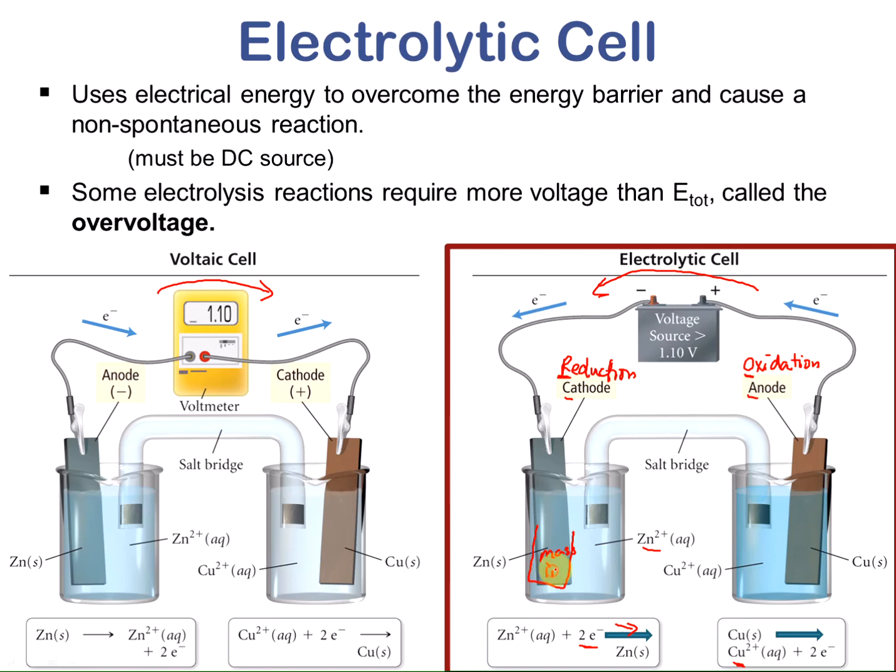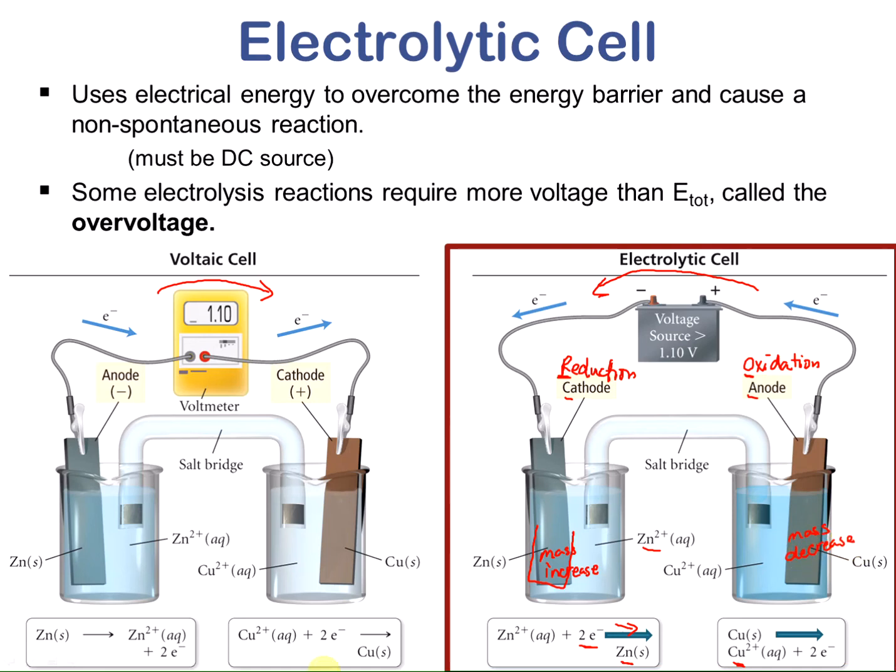So mass increases because we're making more of the zinc solid. But at the anode, because we're using the copper metal on the anode to make more copper 2 plus in solution, the mass of the anode is going to decrease.